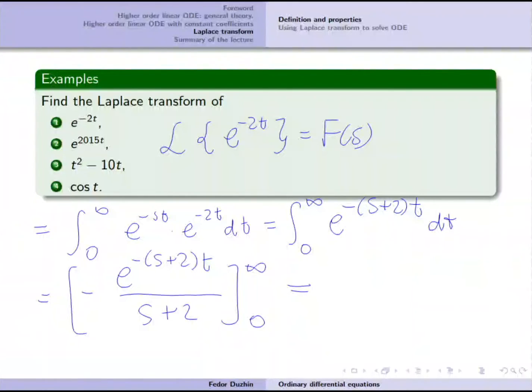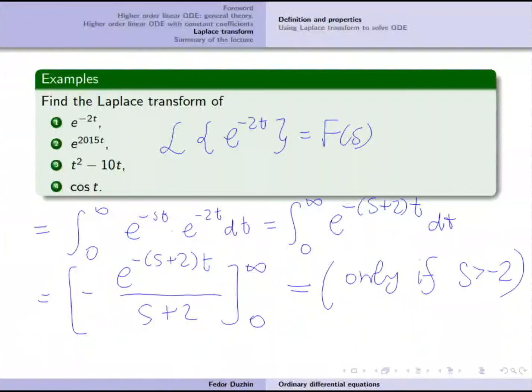But in other case, the integral diverges. Right? So it means that this is true only if s plus 2 is positive, which means that s is bigger than minus 2.